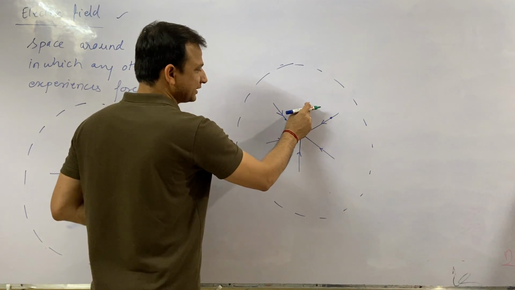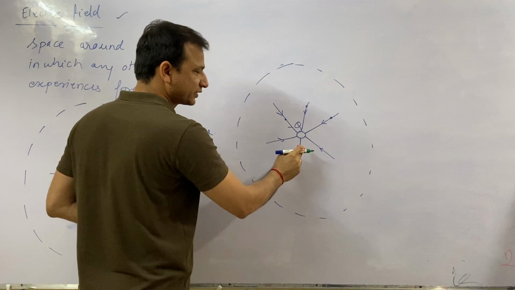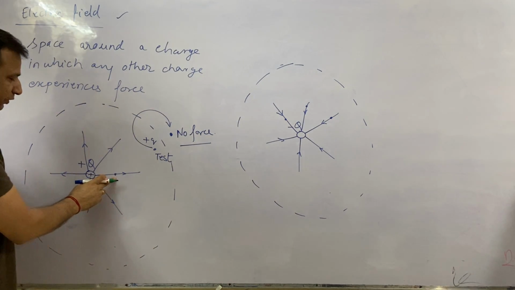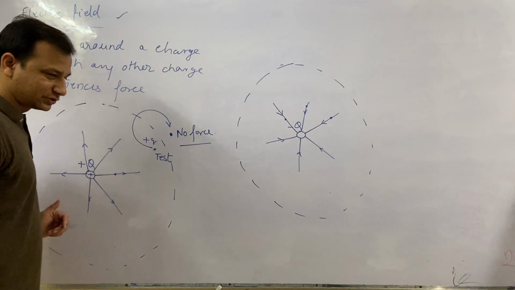The positive charge, if it is kept here, will move towards the negative charge in a straight line, and if a positive charge is kept here, it will move away from this positive charge.